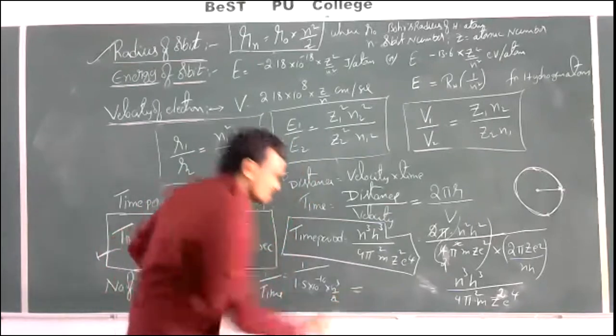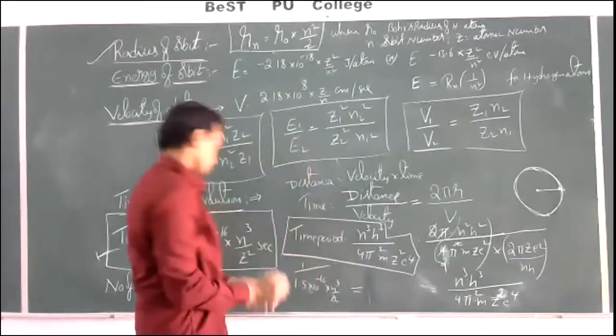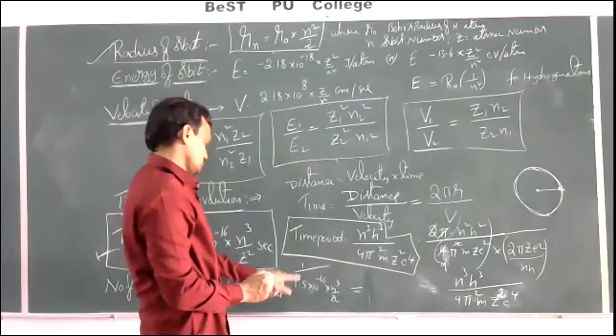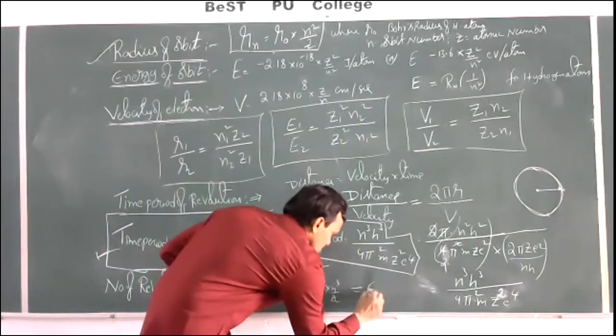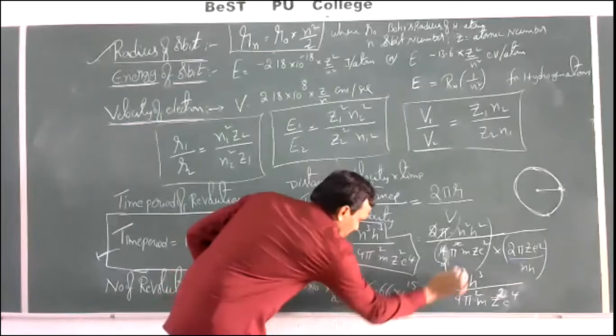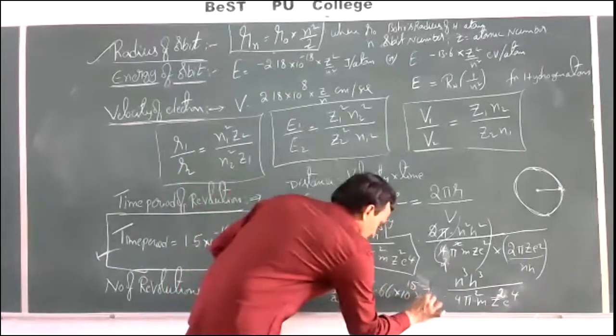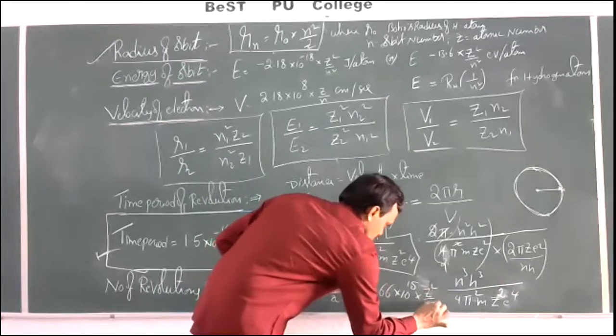If you simplify this, you can get 6.66 into 10 power 15 into z square by n cube. This is the expression.